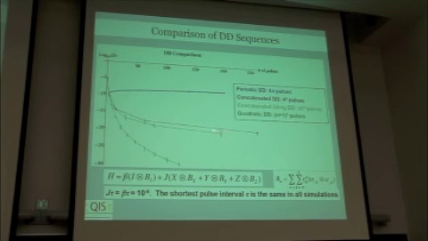And this is Uhrig's UDD, and this is the QDD. So you see that the QDD actually does dramatically better as a function of the number of pulses, by orders of magnitude, than the other methods, which is as predicted or advertised. You need n squared pulses to remove the first n orders of perturbation. That's what these simulations show.